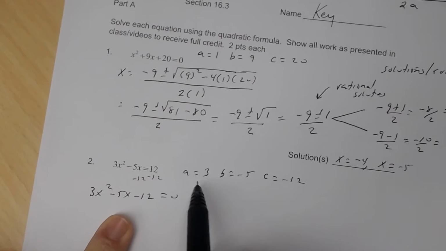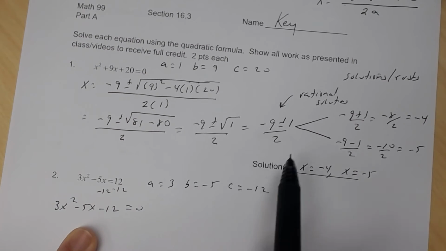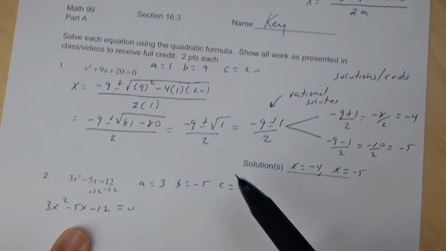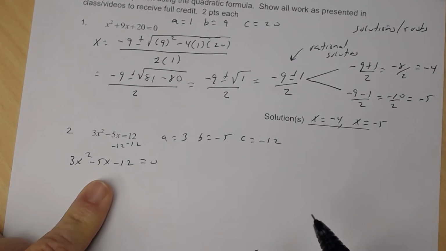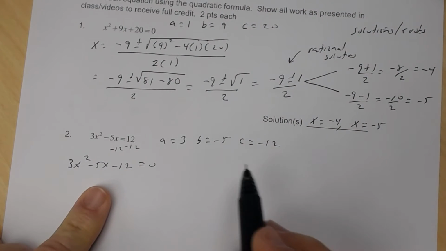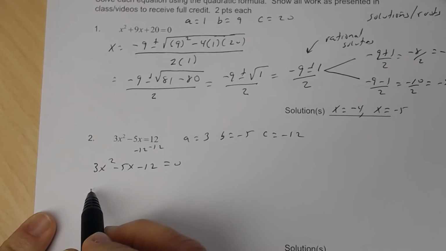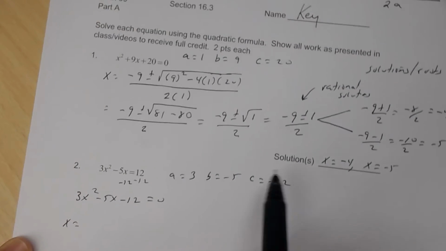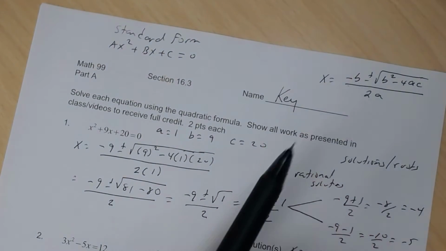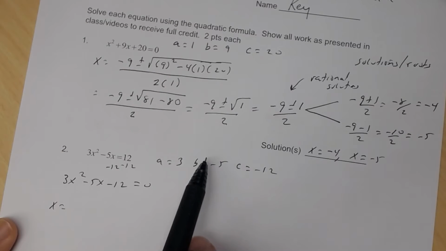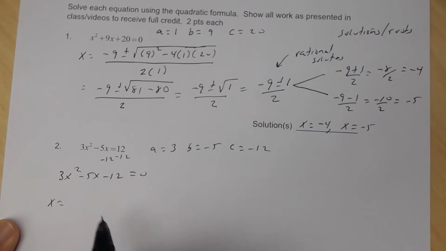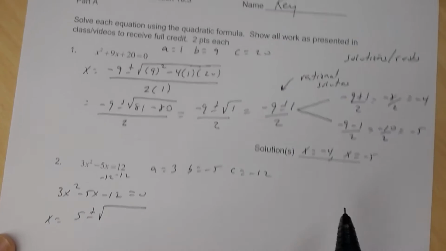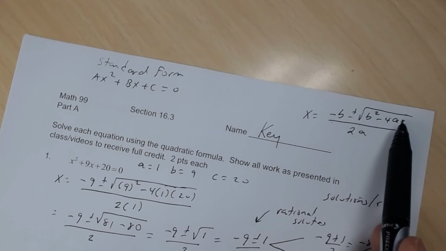And so now we're going to just plug and chug. So we're going to plug these values into our formula, and we're going to find out what that expression is equal to, what our solutions are. All right, so we get x equals the opposite of b. So b in this case is negative 5. The opposite of negative 5 is positive 5. Plus or minus the square root of. And remember the discriminant, we're going to put all this in parentheses.